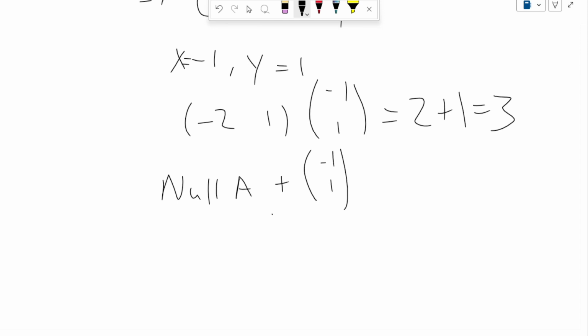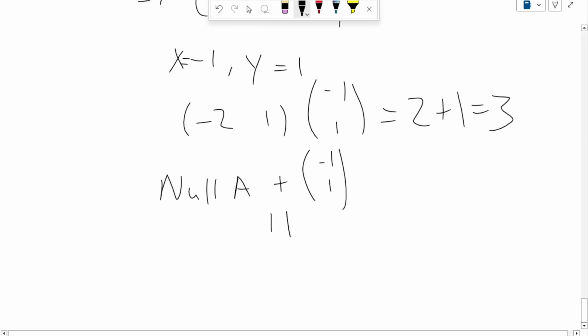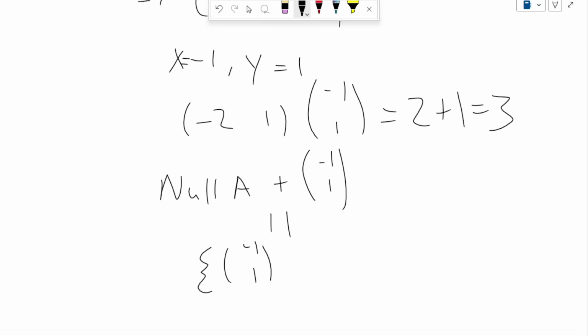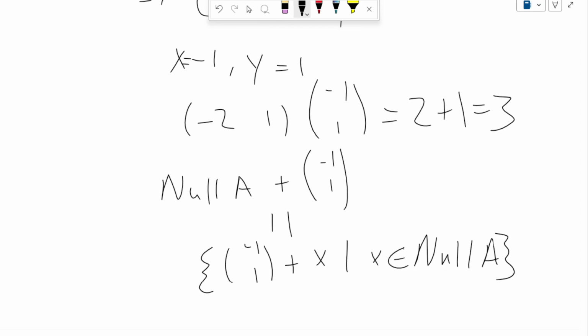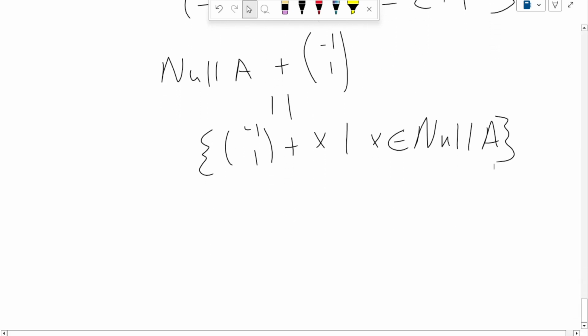And if you remember, this is just the set of negative 1, 1 plus x, where x is anything in the null space of A. You could compute the null space of A if you want.